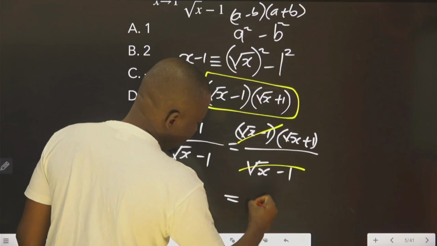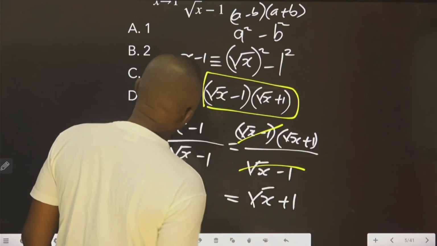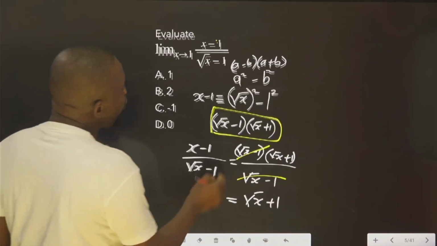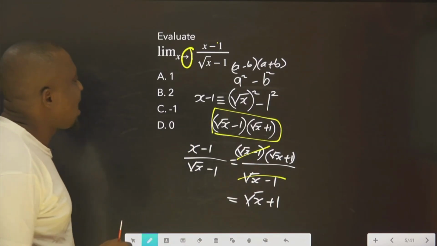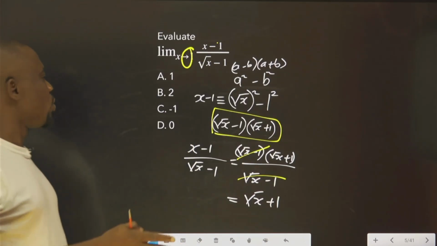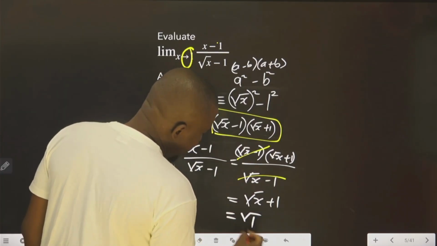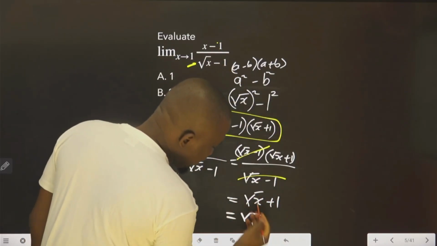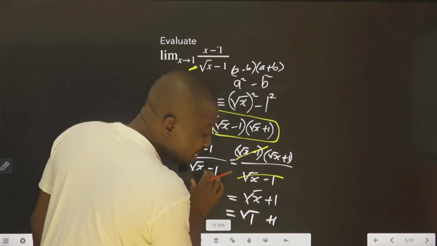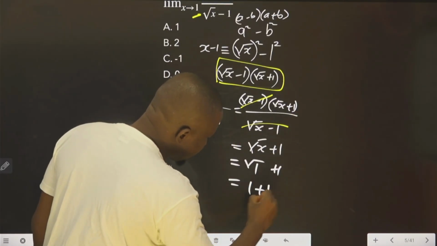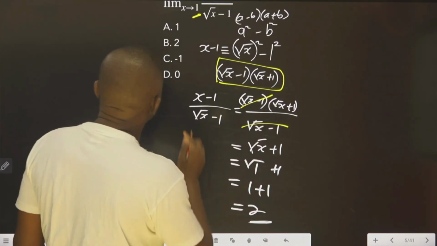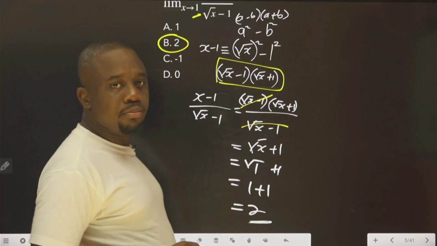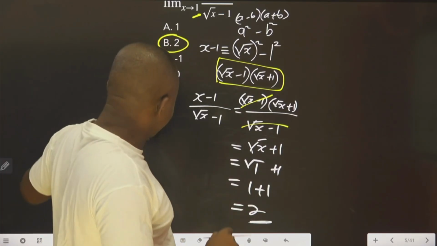What is remaining now is square root of x plus 1. Now, we can now substitute this. That is, as s is tending towards 1. So if you substitute 1 here now, you substitute it in place of x, you agree with me the square root of 1 is 1. This will give you 2. B is the answer. Okay?